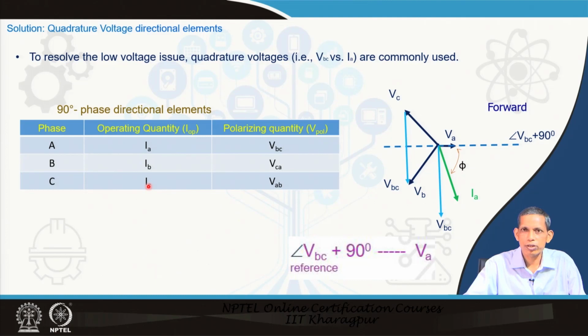For C phase, it is IC current and VAB, not VC. As I told you, most of the faults being line to ground faults, we can overcome the problem of significantly small voltage for close-in faults, which are very close to the relay bus.